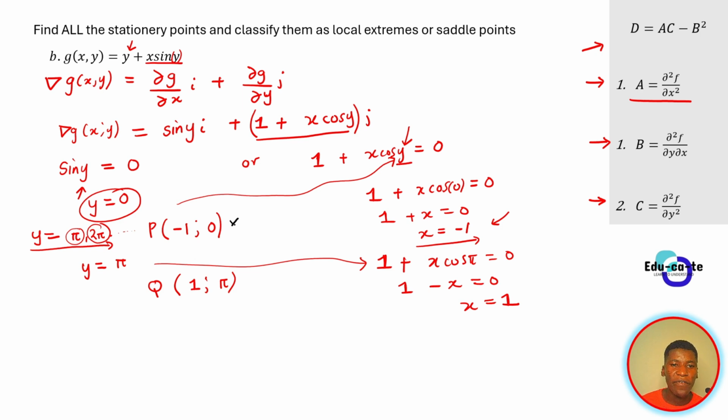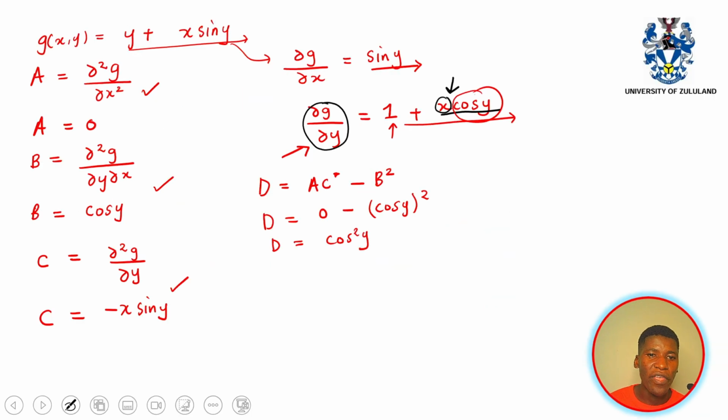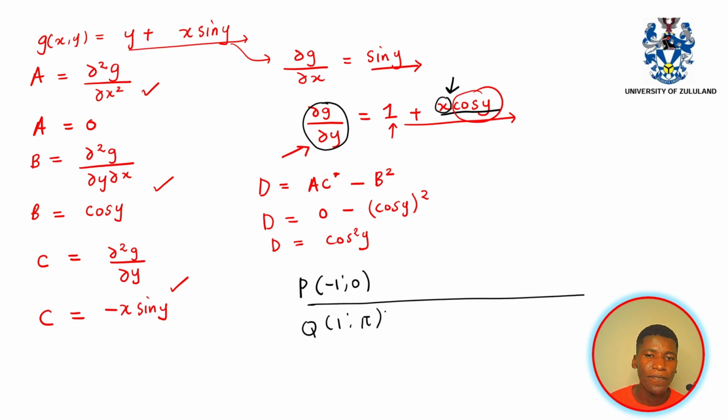We have point P given by -1, 0, and point Q given by 1, pi. These are our 2 points.